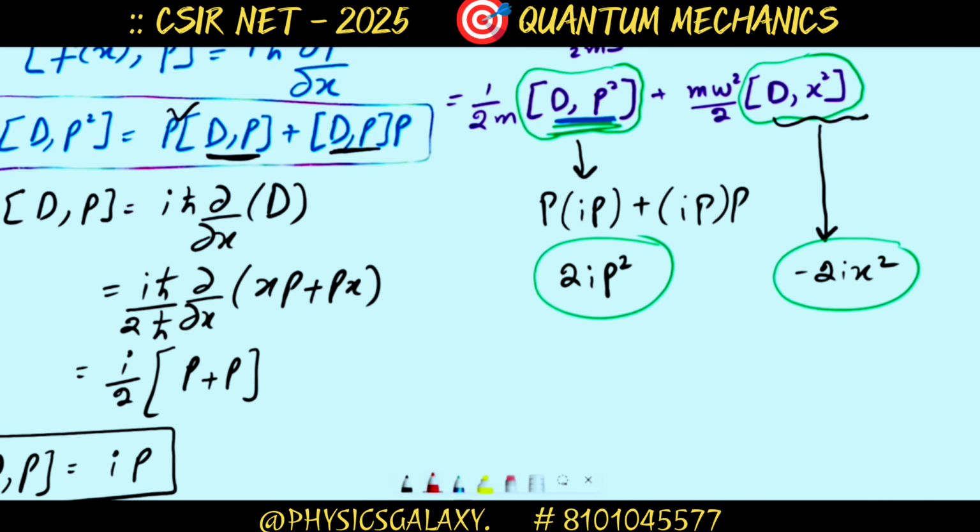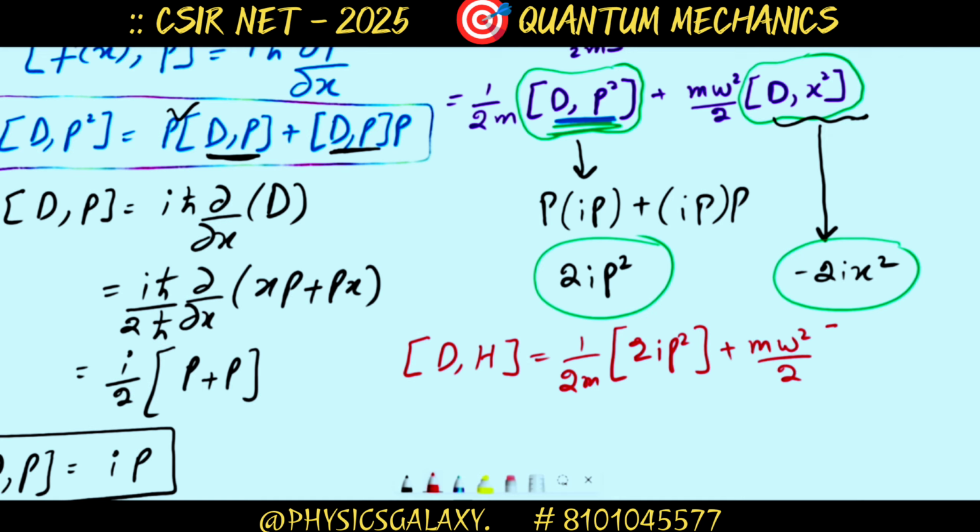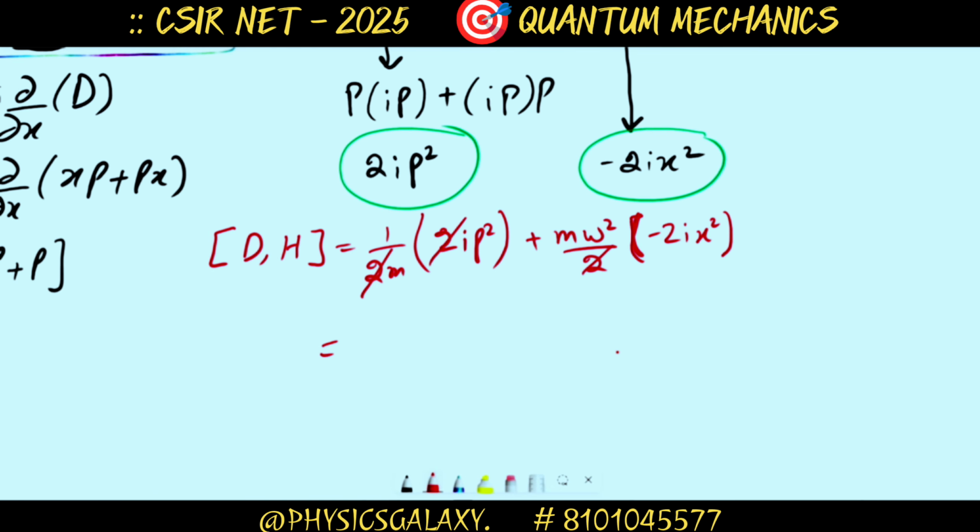So then we can find the total commutation [D, H], which will be equal to 1 by 2m times 2 iota p squared plus m omega squared by 2 times minus 2 iota x squared. So the 2 gets cancelled out, the 2 gets cancelled out, and we can take iota common: p squared by m minus m omega squared x squared.